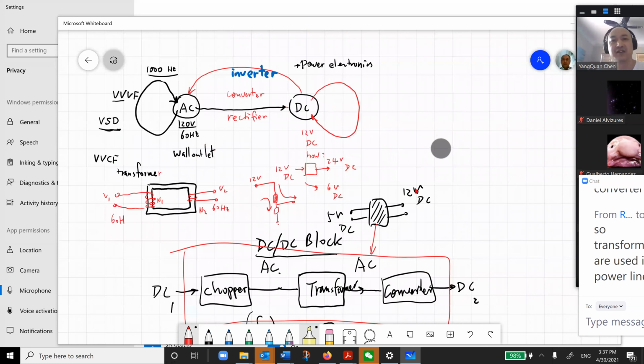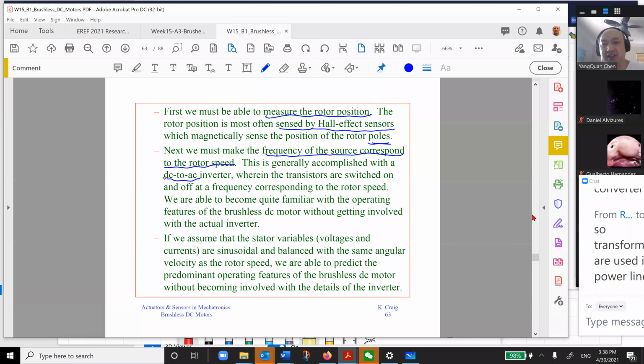From that, you know how we can do this DC to AC inverter. The transistors, we use the power electronics switching circuits, do the on and off at the frequency corresponding to the rotor speed.